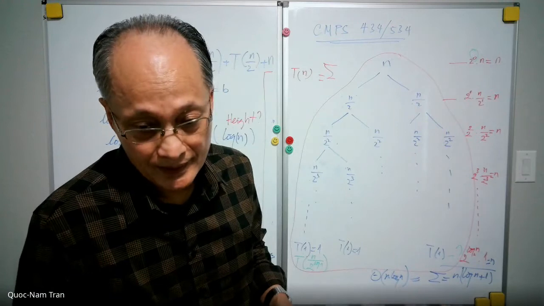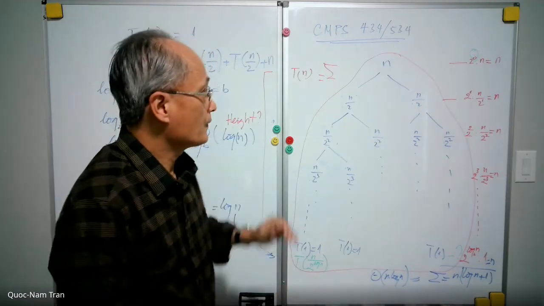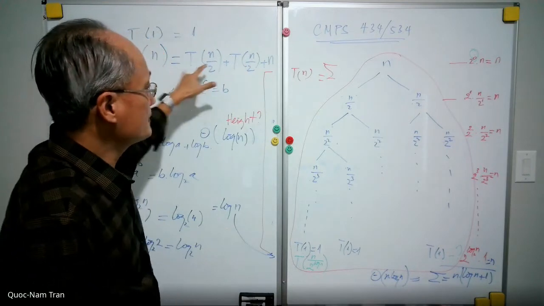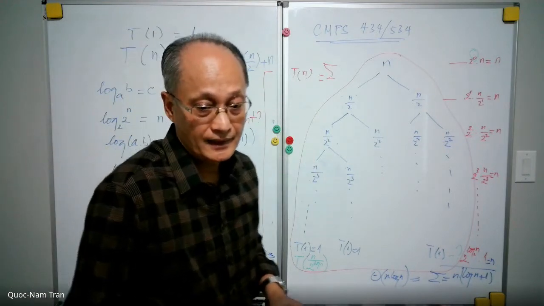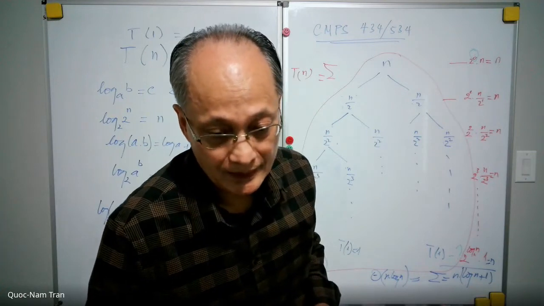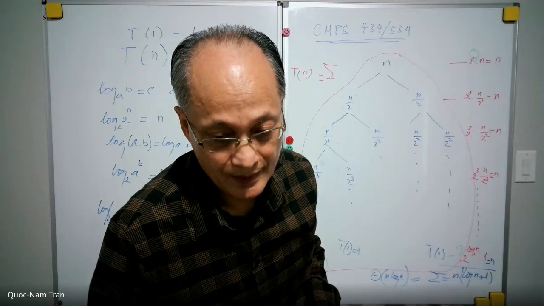All right. So now, what's next? We have the recurrence, going back to the merge sort.